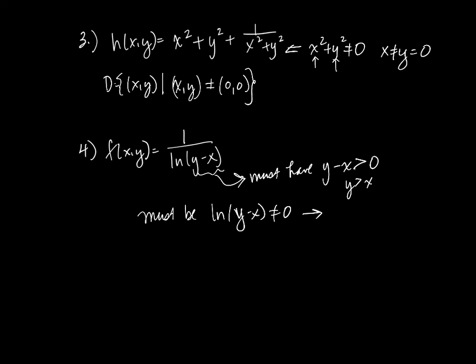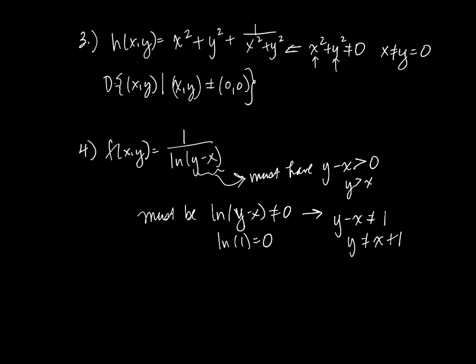Well, if we remember the relationship between the natural log and the exponential, this means that y minus x cannot be equal to 1, because if you take the logarithm of 1, you get out 0. So we can't have y minus x equaling 1. So this means that y cannot be equal to x plus 1.